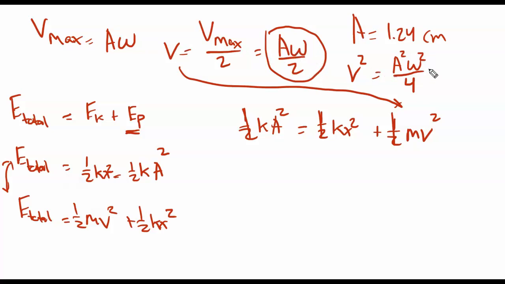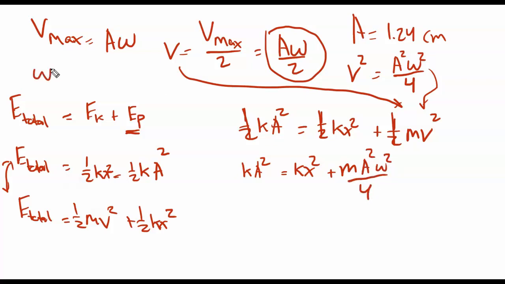And so if you make the substitution into the equation, we have k a squared equals k x squared plus m times a squared omega squared divided by 4.